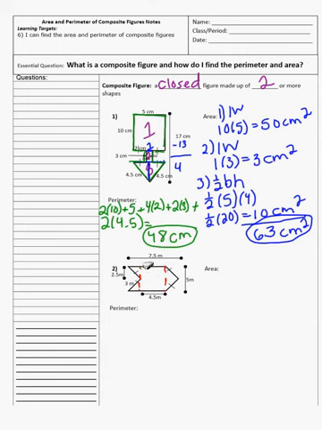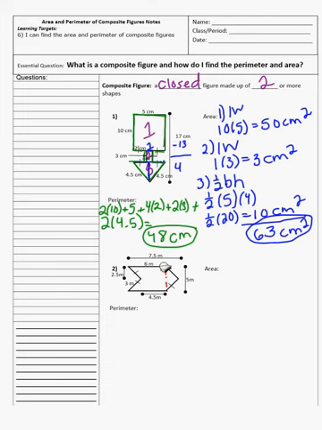Or maybe you said that you had 2 parallelograms. Or maybe you said that you have a triangle and then you have a rectangle, and then you have another rectangle, and you have to subtract out the area of this triangle. Any one of those could have worked.